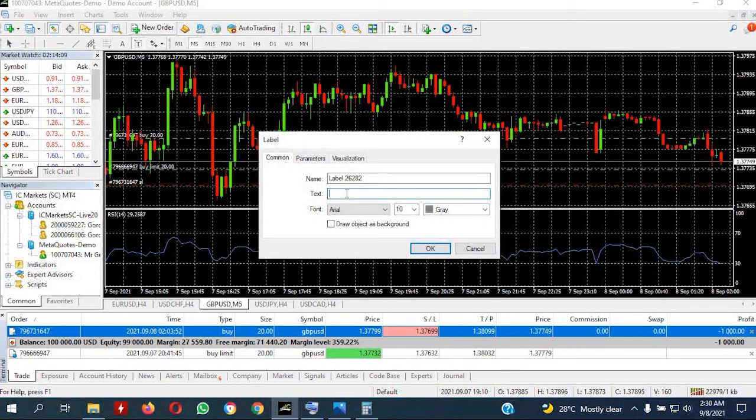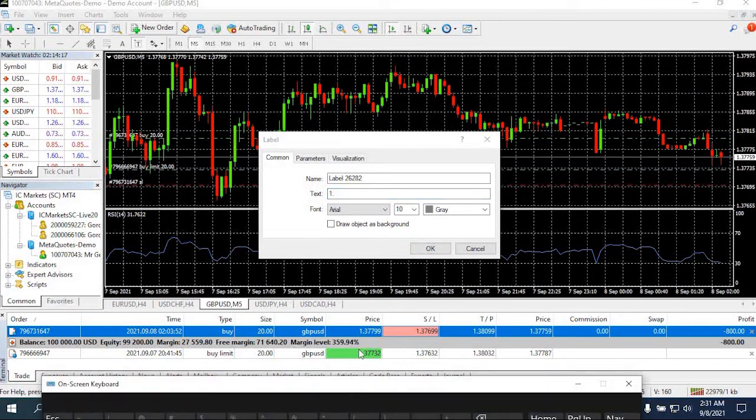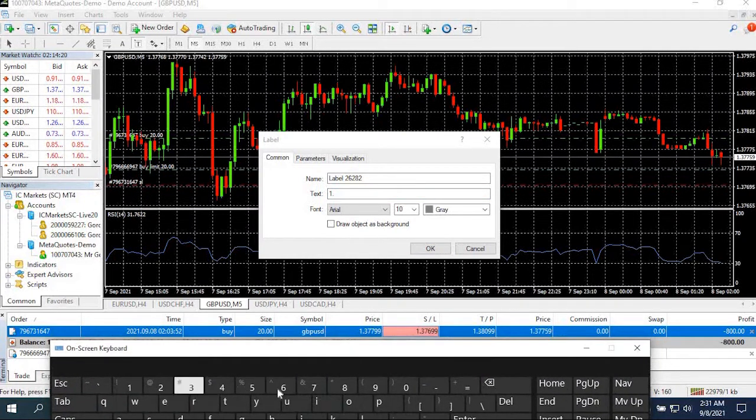So the current price is 1.37799, right? I'm risking 100 pip in order to make 300 pip, right?